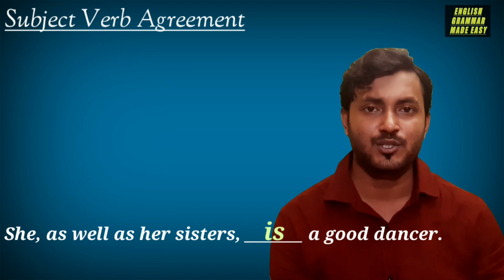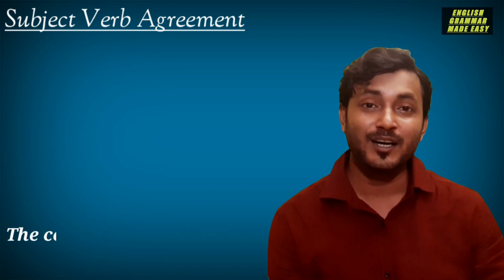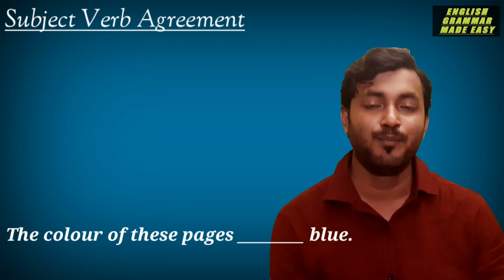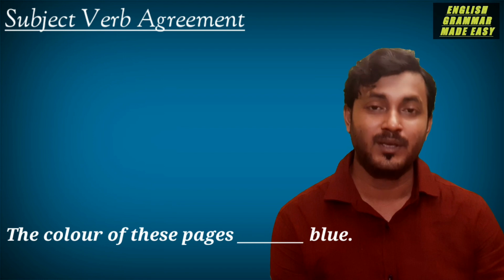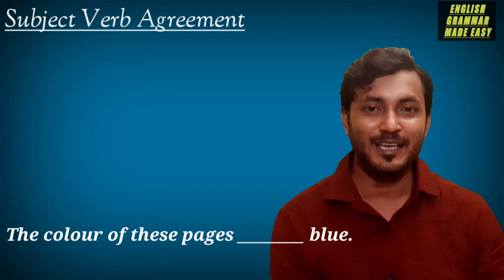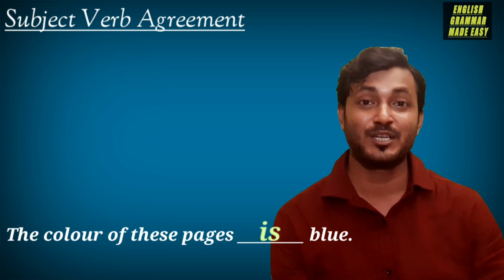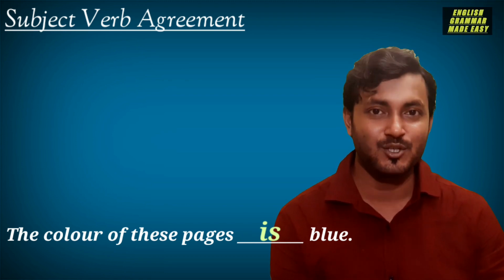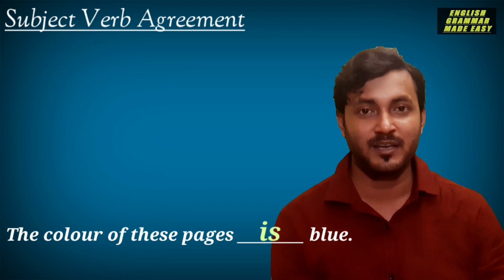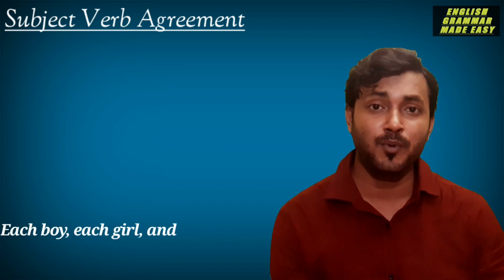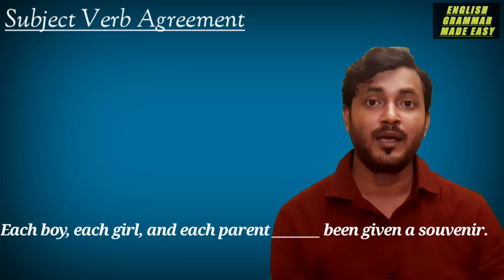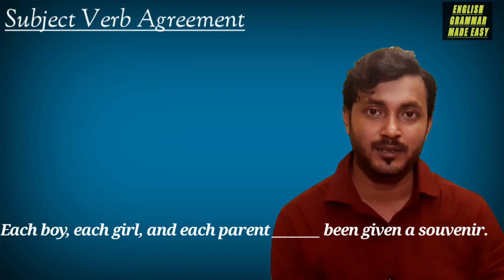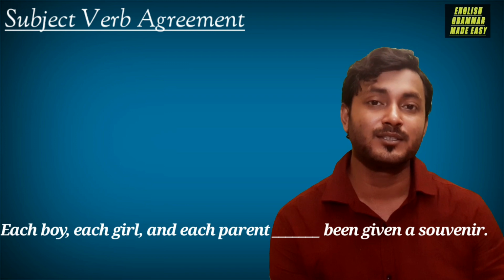Next one. The color of these pages dash blue. Of course, it will be is. The color is our subject. It is written before of. The color of these pages is blue. If I say each boy, each girl, and each parent dash been given a souvenir, what will we write?